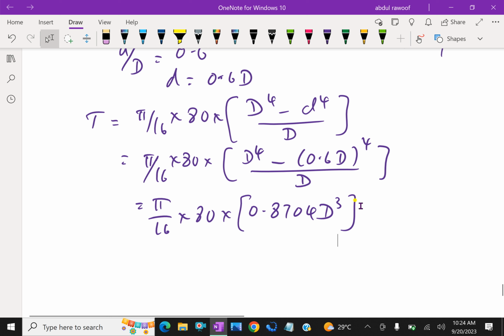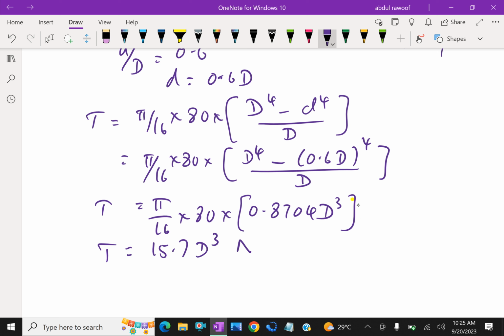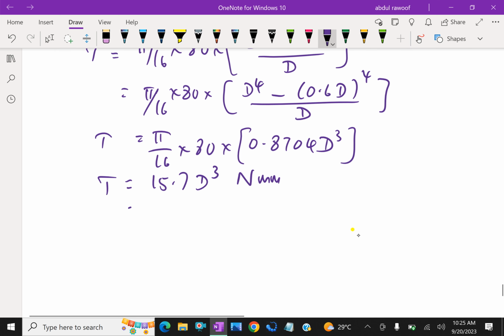Therefore, after simplifying, torque is 15.7 D cube Newton mm, which is converted to Newton meter. Newton meter is 15.7 D cube into 10 power minus 6 Newton meter.